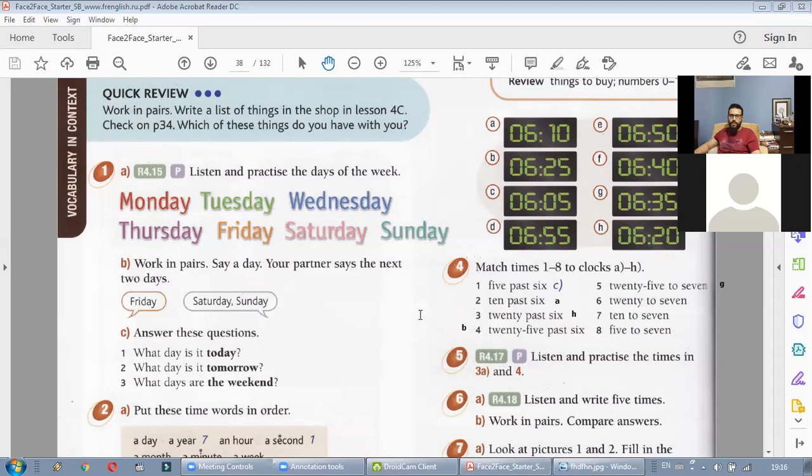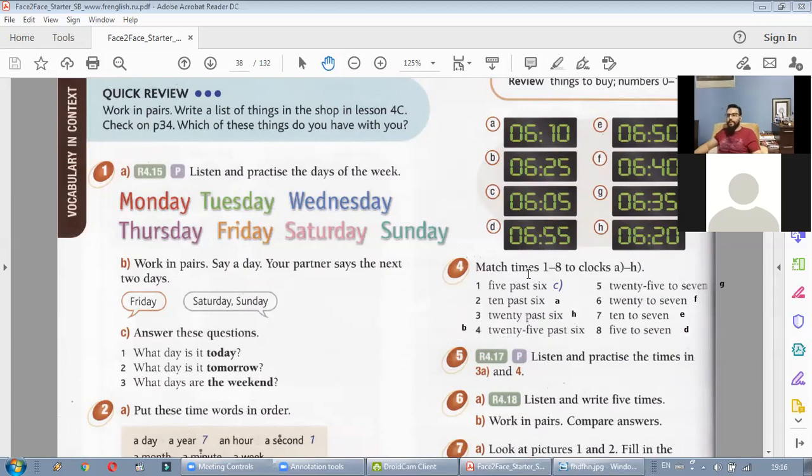What about 20 to 7? F. Correct. Very good. What about 10 to 7? E. Correct. E is correct. And the last one, 5 to 7? D. Right. 5 to 7, this is D.